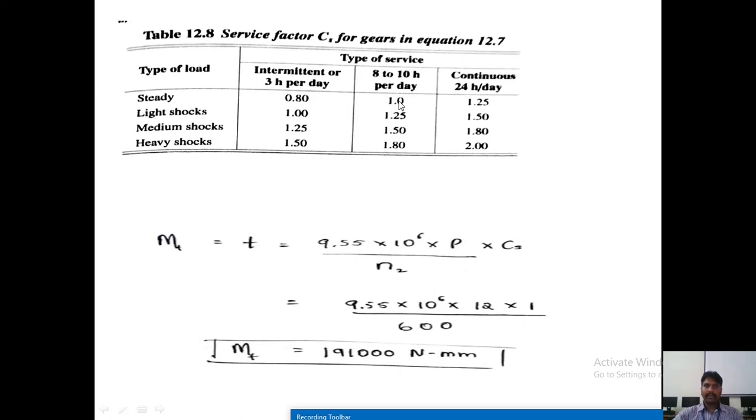If the condition is given in the problem, we need to refer to the table and take the value of Cs based on the condition. Here the condition is not given, so I have assumed steady load and service of 8 to 10 hours per day, so Cs equals 1. So Mt equals 191,000 Newton into mm.